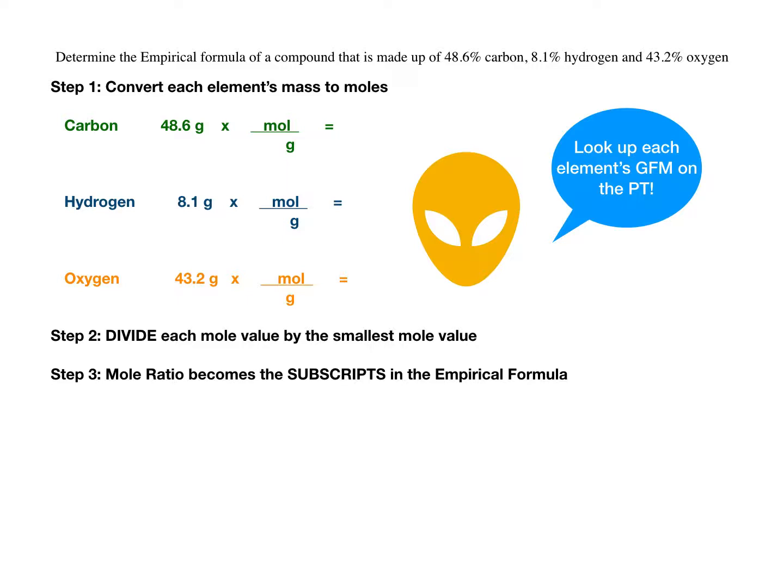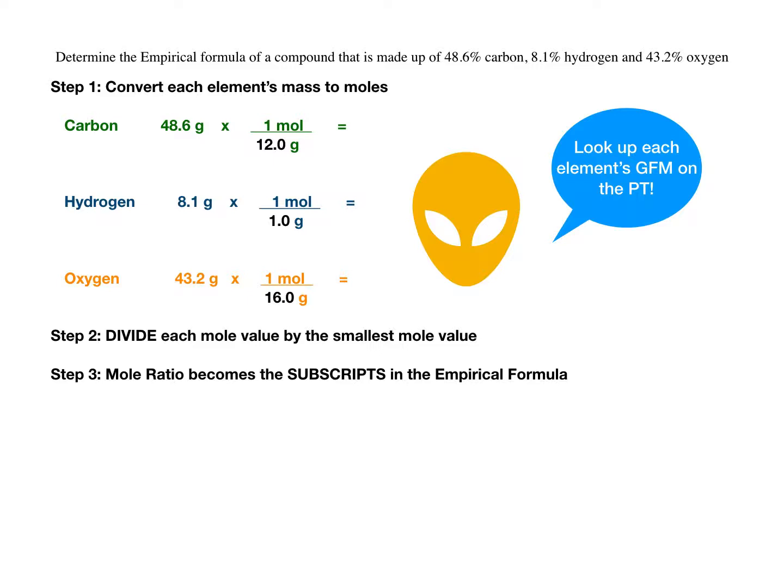So take a look at the setup. We're going to show our work nice and neat as dimensional analysis. According to the periodic table, 1 mole of carbon is represented by 12 grams of carbon, while 1 mole of hydrogen is represented by 1 gram, and 1 mole of oxygen is represented by 16.0 grams.